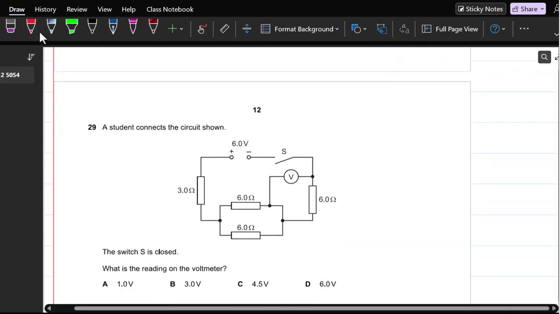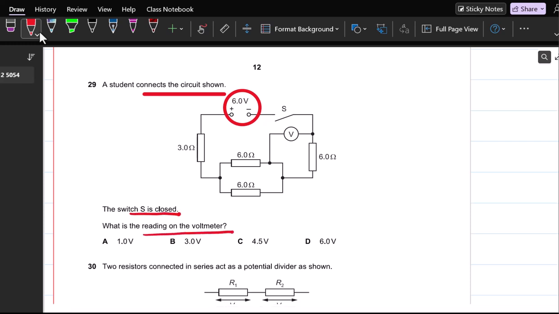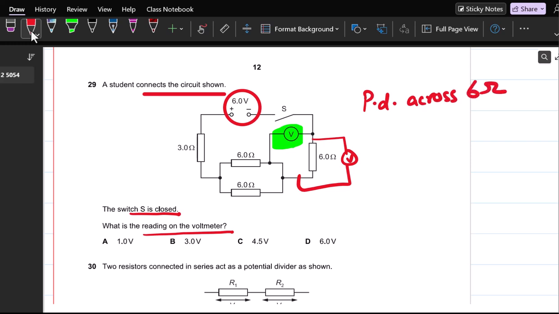Moving to next question. A student connects the circuit shown. This is the power supply EMF. When the switch is closed, what is the reading on the voltmeter? Okay. So this reading will be potential difference across this. This is a potential difference across 6 ohm resistor.